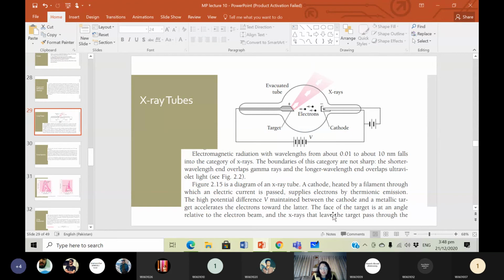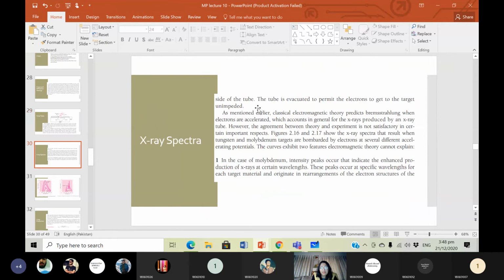A high potential difference is maintained between the cathode and the anode. Electrons are emitted from this cathode because of the heating. The electrons will reach the anode, and the face of the target is at an angle relative to the electron beam, and the X-rays that leave the target pass out the side of the tube, okay?